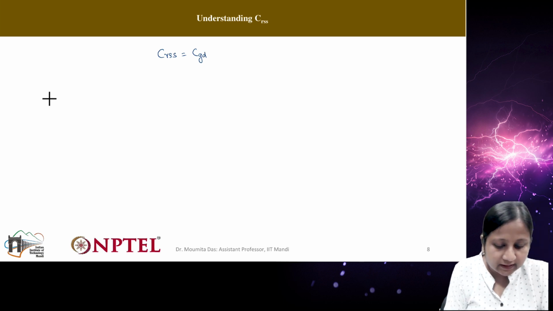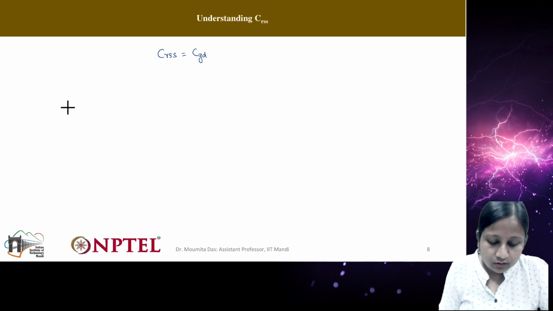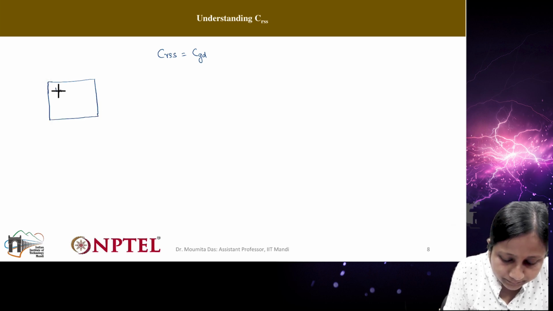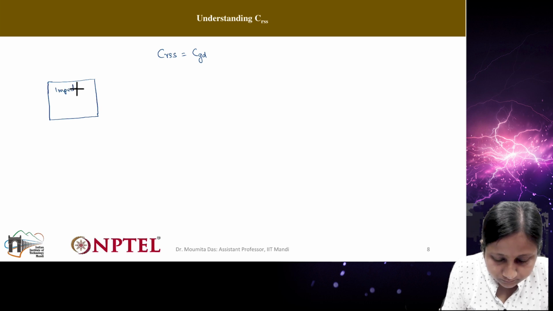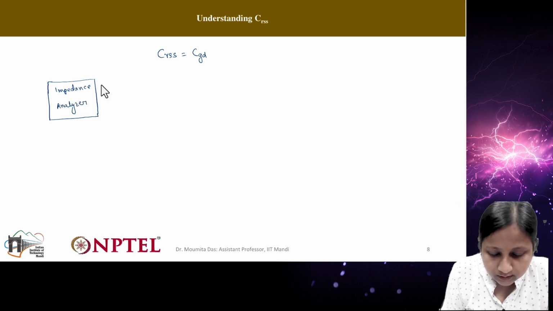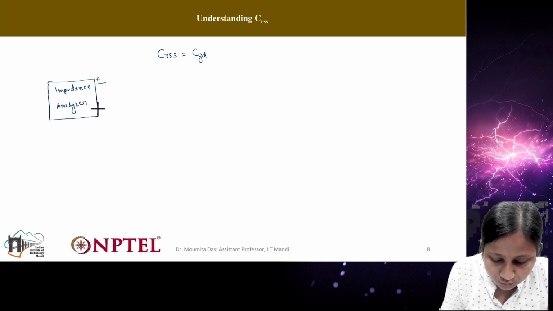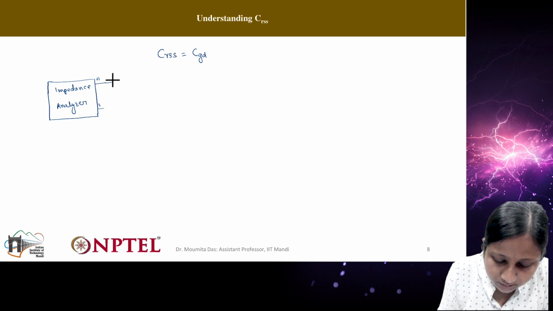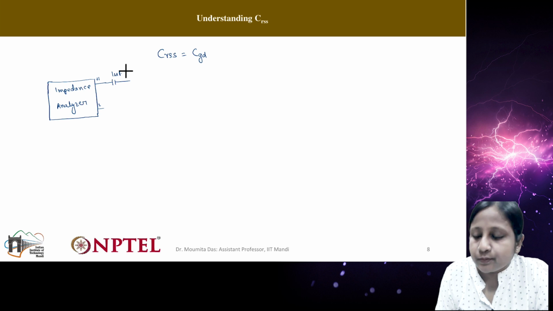In the impedance analyzer, if I try to draw the equivalent network, similar to the previous case, this device will be connected to the impedance analyzer. Now this high point will be there and the low point will be there. Now this device again will be having a 1 microfarad capacitance at the input.